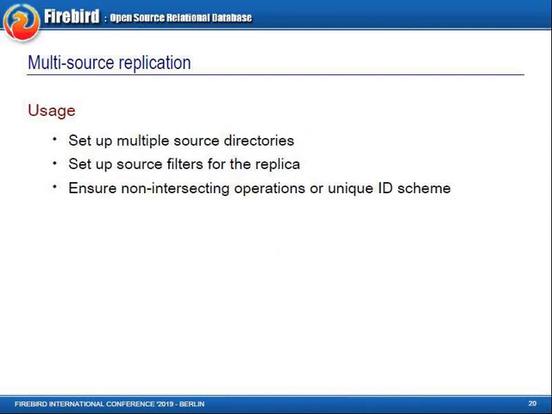That was already said. The only new problem here is, again, we are speaking about either non-intersecting operations or you need to provide some global identification scheme for records to avoid any possible conflicts. If, for example, these branches work with differently named tables, there are no conflicts at all.